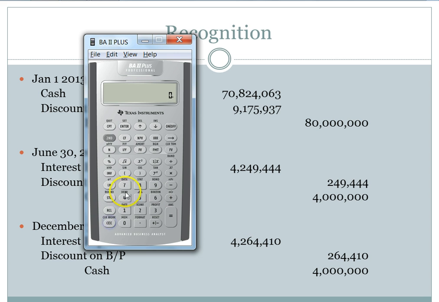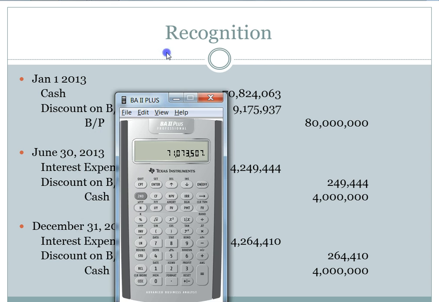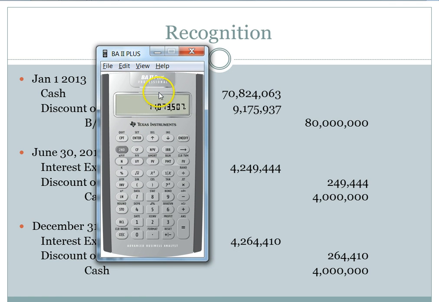So as of June 30th, I didn't prepare a balance sheet, but as of June 30th, the net balance in my bond payable is $71 million and some odd dollars. That's the book value. That's the face value minus the current balance in the discount on bonds payable account.